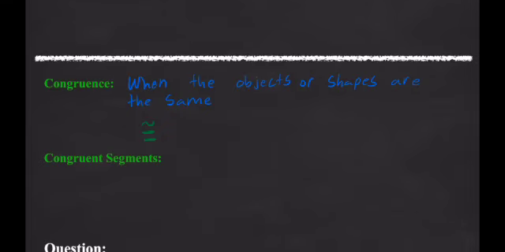Two segments are congruent if they have the same length.